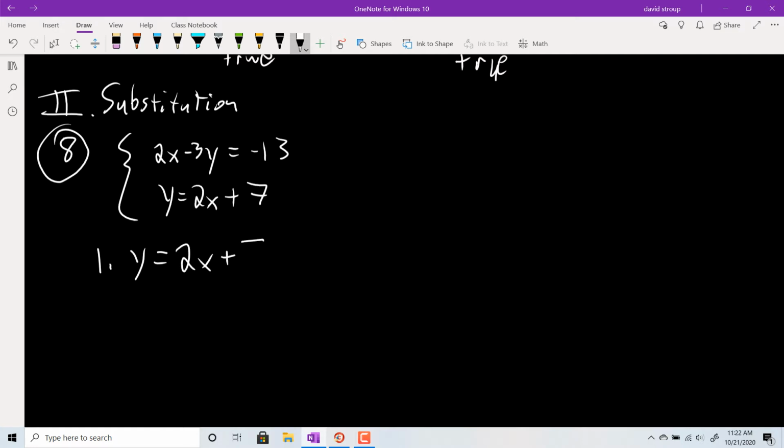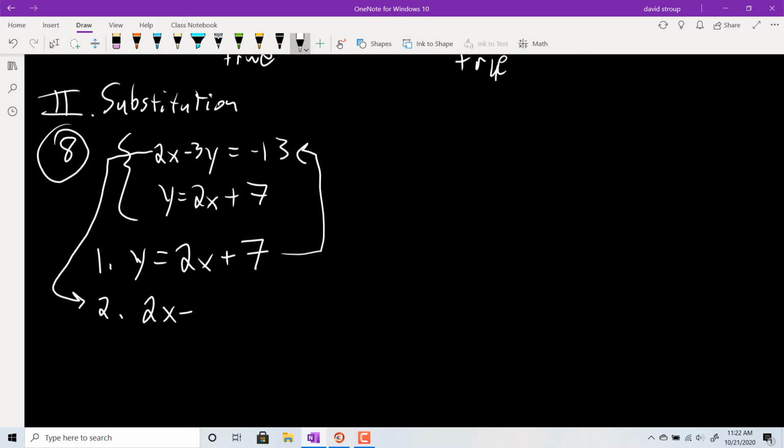In other words, it has y all alone on one side of the equation. Then I'm going to take that and plop it into the unused equation. If you plop it back into itself, you'll end up with a true statement, which just means the equations are the same. So we take this and plop it into the other equation.